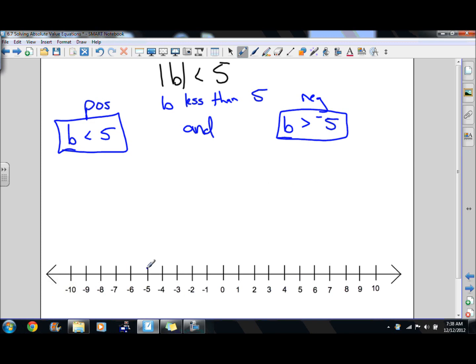So here's negative 5, here's 5, and we know that b should be in between these 2 points depending on how you shade. And because it's an and statement, we should write it as an algebraic solution. So it's negative 5 is less than b, which is less than 5. Okay, that's an and statement.